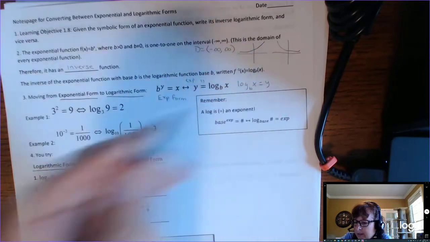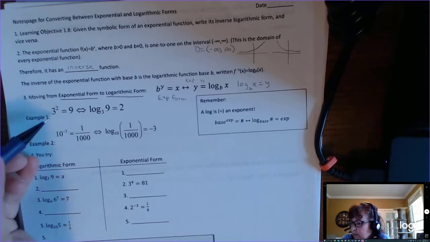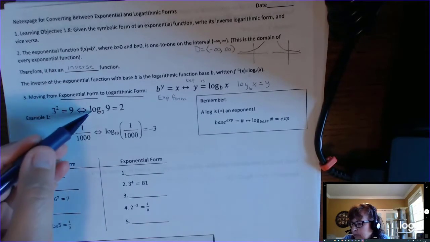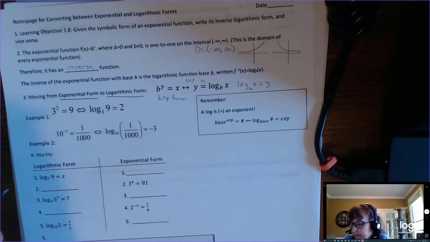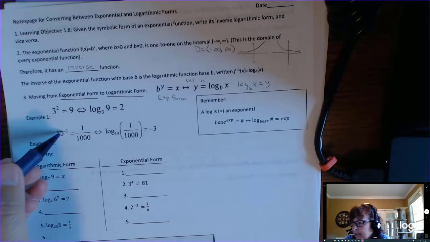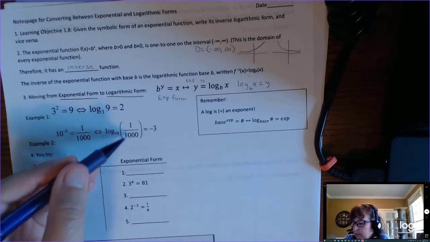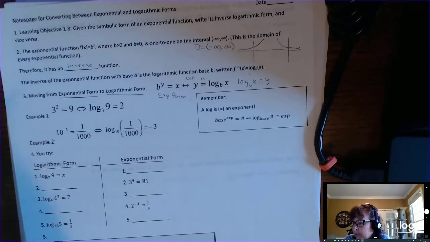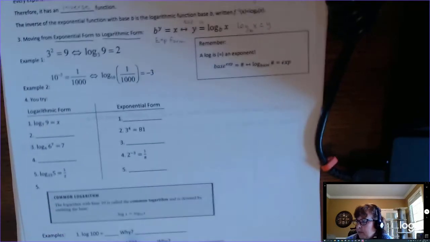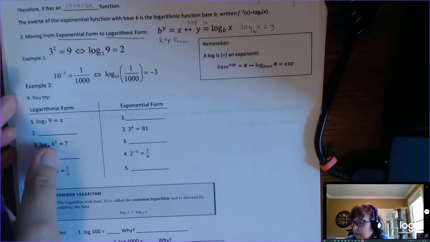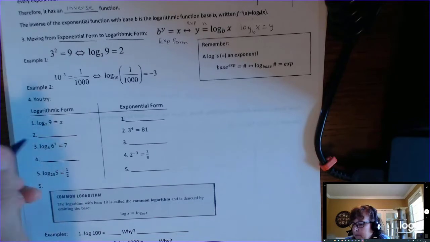So I kind of remember it this way actually. So for example, 3 squared equals 9 would be the log base 3 of 9 equals 2. 10 to the negative 3 equals 1 over 1,000 would be the log base 10 of 1 over 1,000 equals negative 3. So I think we've done these before, but you can pause the video and see if you can remember. I'm just going to do them.